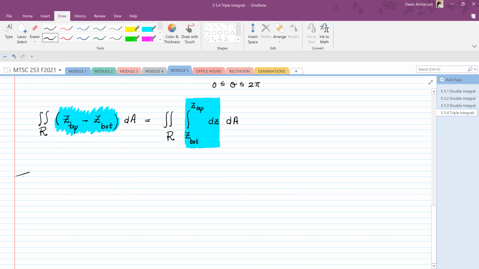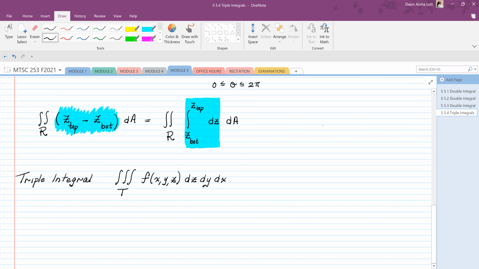So a triple integral is the triple integral, and this time it is over a domain, we call it T, of some function f of x, y, z, dz, dy, dx.